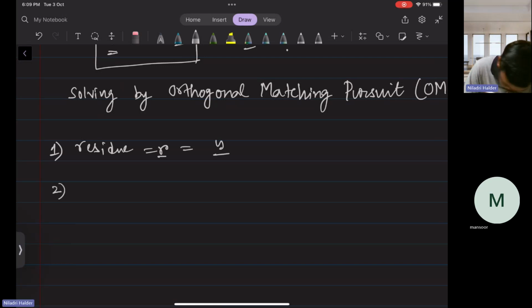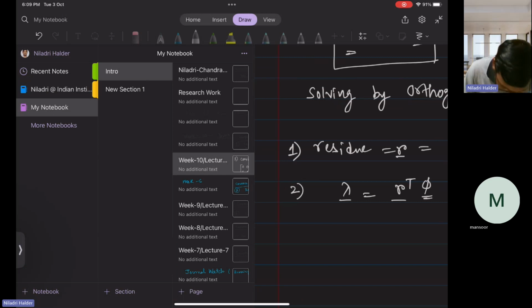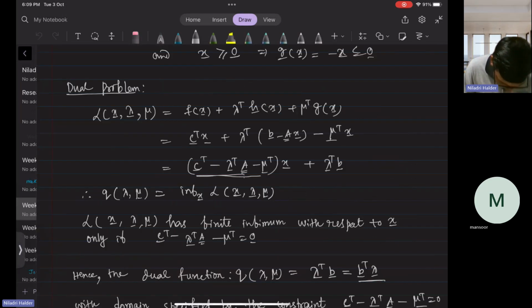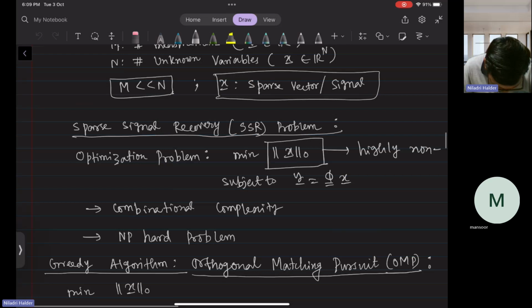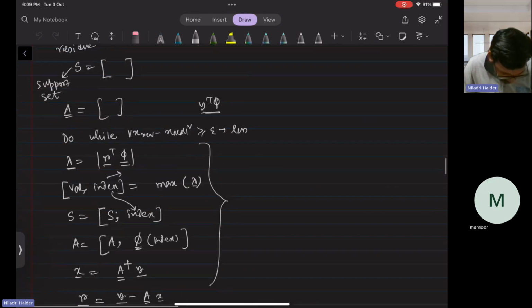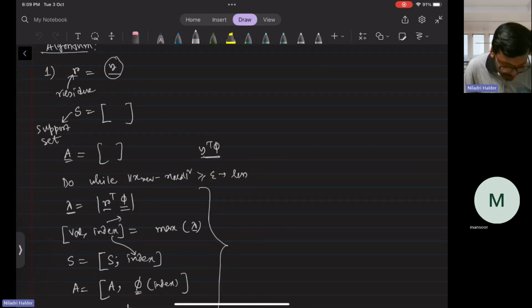Then we need to find lambda. Lambda is equal to R transpose phi. I have written the process in the last class, so the OMP algorithm is written here. First we set the residue as the received vector y.